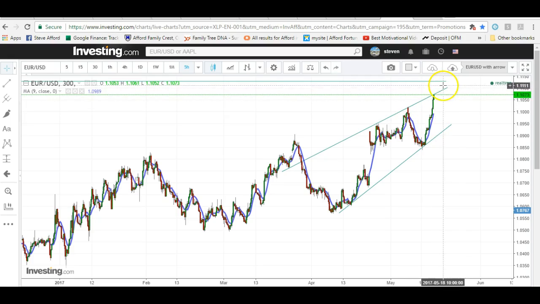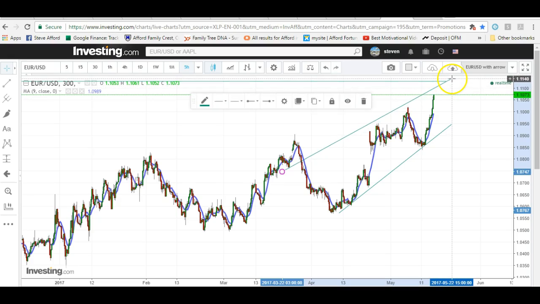So it's just timing your reference, where is your entry point? I guess the next entry point will be around about 1.11. I'm pretty confident the reversal will come at probably 1.111.